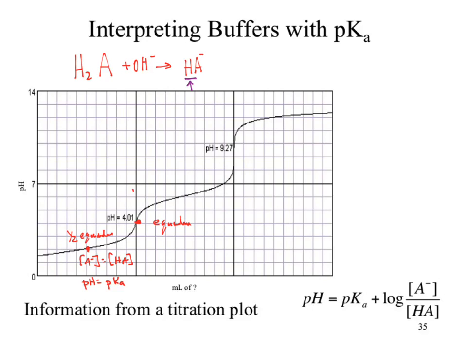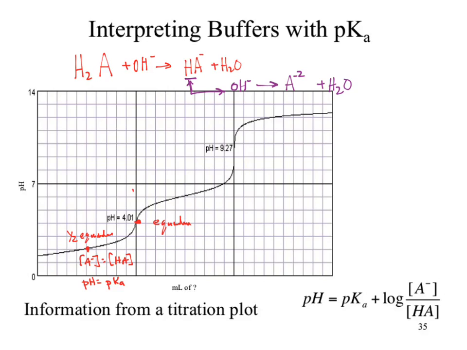So when I run that first reaction, yes, I neutralize all of the hydroxide or H+, but then HA minus can go through and react with more OH minus to produce A 2 minus, because we lost a second hydrogen, plus H2O. So be careful because you're doing the dissociation of this versus the reaction of this.